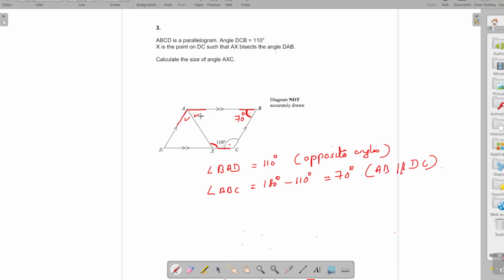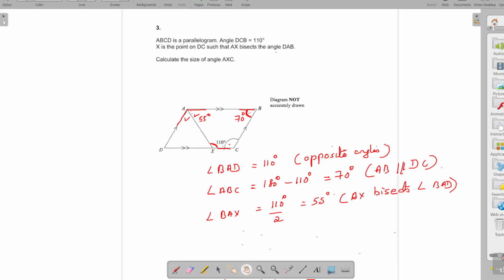We can work out angle BAX is 110 divided by 2, because AX bisects angle BAD, which is 55.